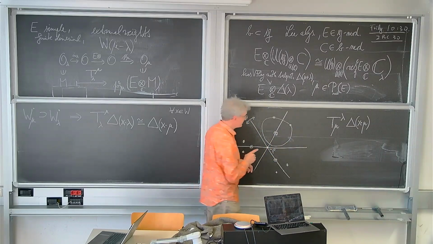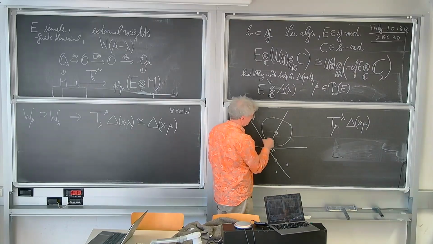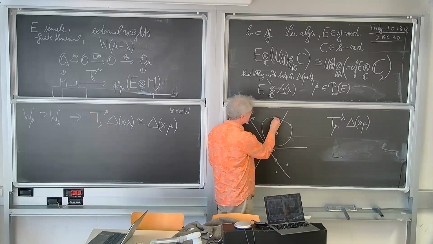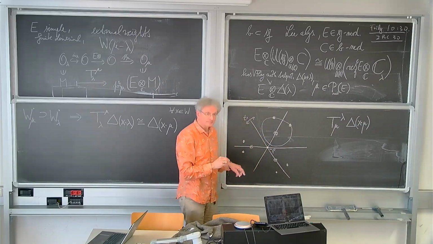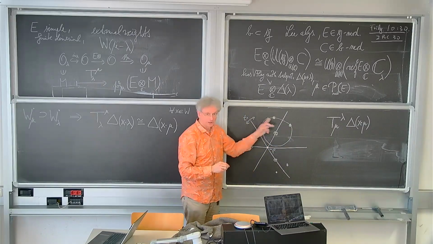And so we see that among all the subquotients, there are two subquotients which have the correct central character.